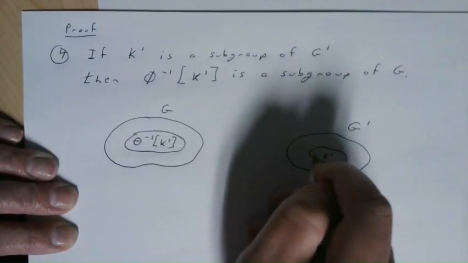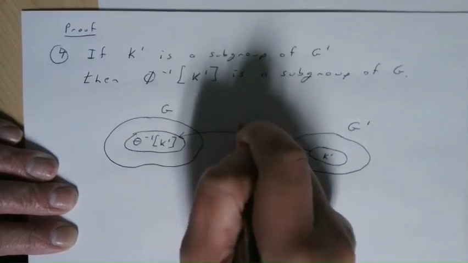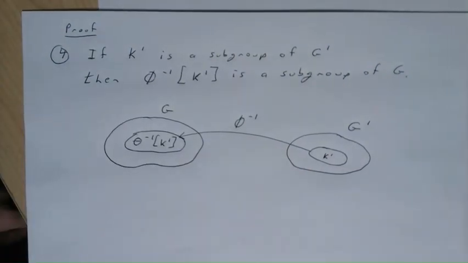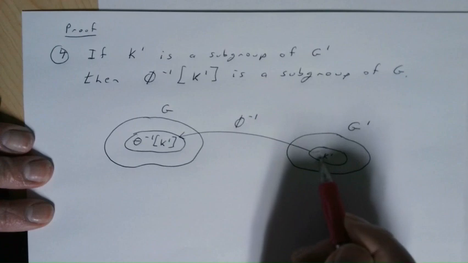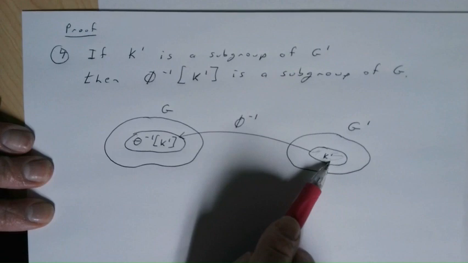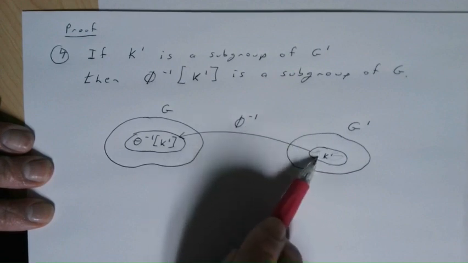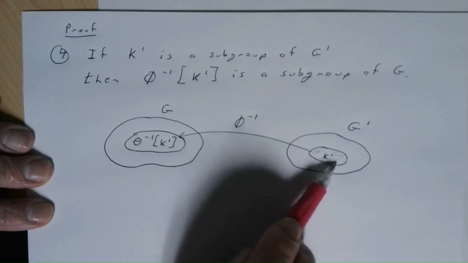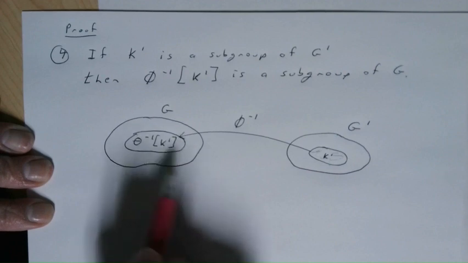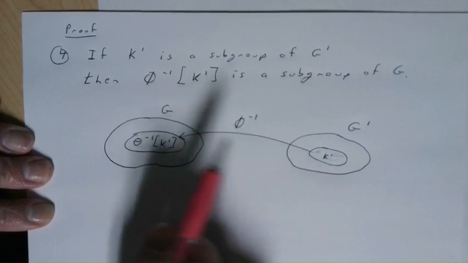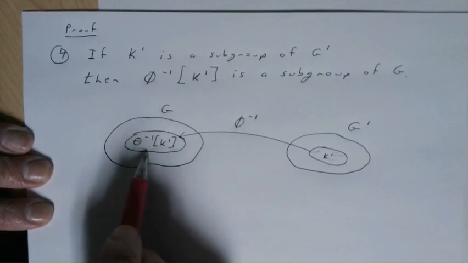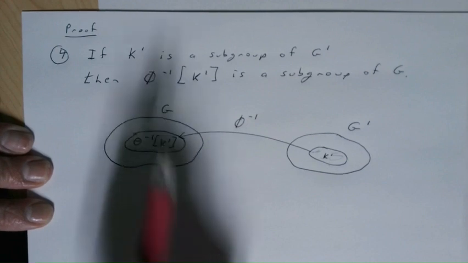So there's going to be an inverse map like this. So again, you're taking a subgroup of G prime, this K prime, and you're taking the inverse function going back here. Now, these points here are going to be produced by points in the group G, and so when it maps back here, the inverse map is going to be a subgroup of G.